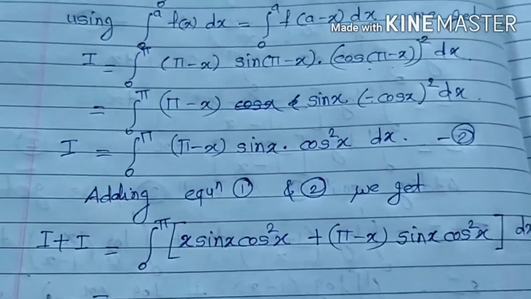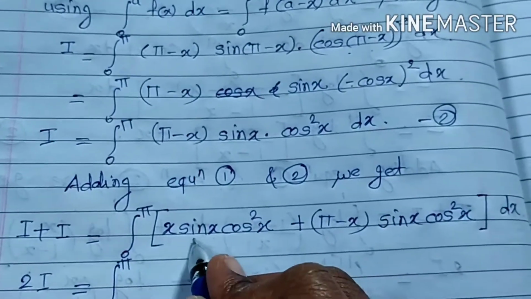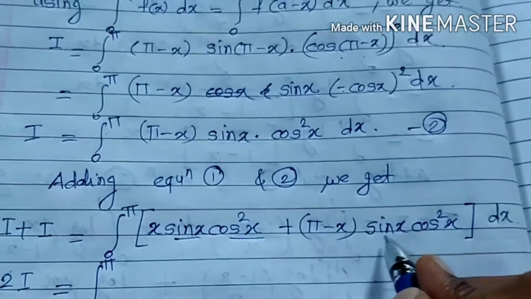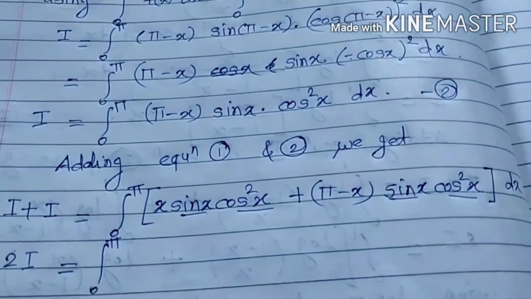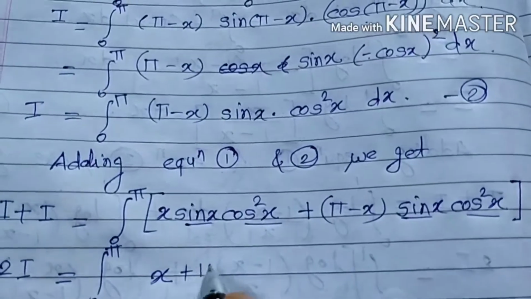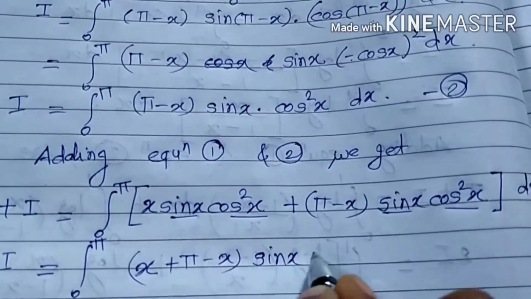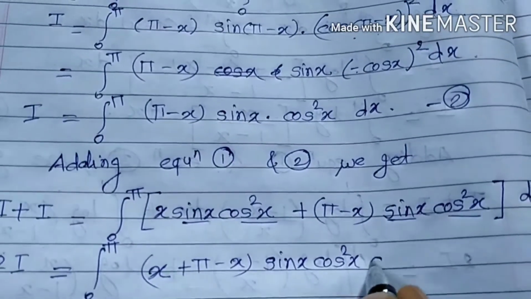Okay, so it is 2I, the integral from 0 to pi. Now take sin x cos square x common, so we get the integral from 0 to pi of (x plus pi minus x), and this is sin x cos square x dx.